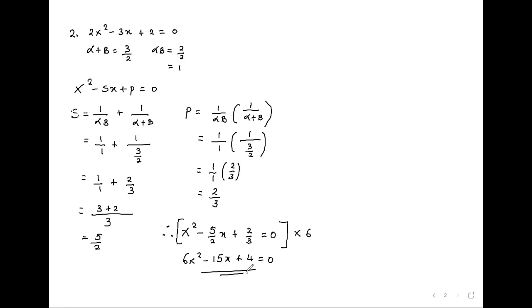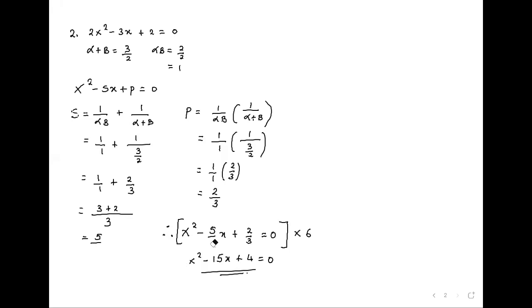How did 3 change to 2? When we were finding the sum, 3 plus 2 will give us 5. Then how did this 3, which is in the denominator, change to 2? Oh, no, it's still 3. It's still 3.